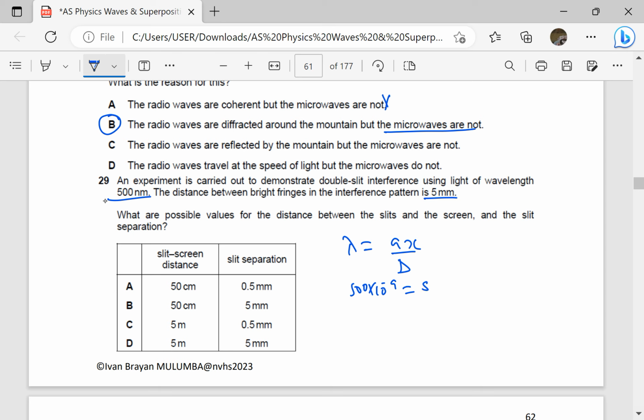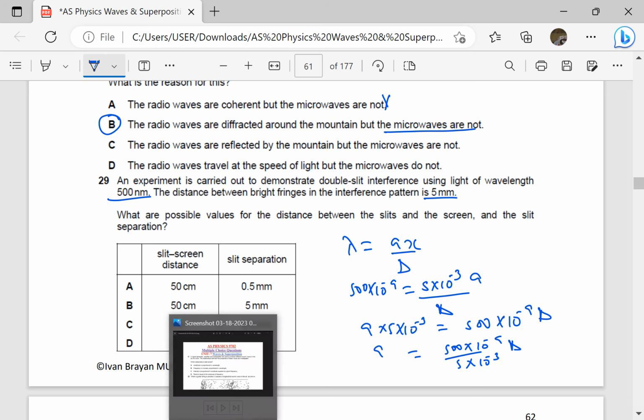So that will be 5 times 10 power negative 3 times a divided by D. So we know that a times 5 times 10 power negative 3 should be equal to 500 times 10 power negative 9 D. So it means a should be equal to 500 times 10 power negative 9 D over 5 times 10 power negative 3.